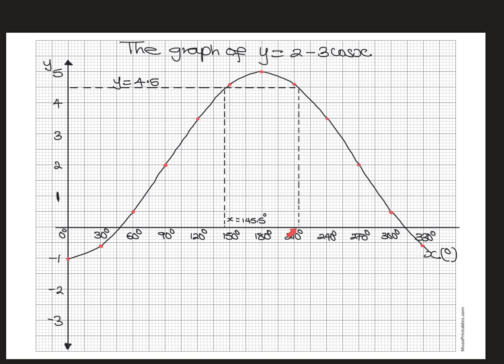That is approximately 1.5 boxes from 210. So 1.5, if you multiply that by 3, because each box is 3 units or 3 degrees, is 4.5. So 4.5 plus 210, you will have x as 214.5.